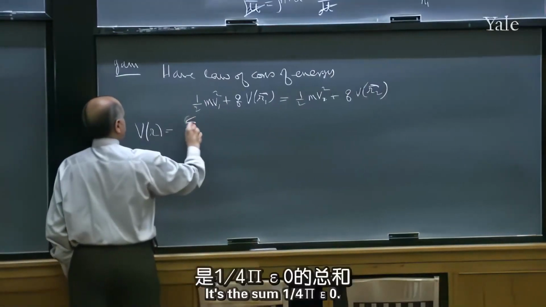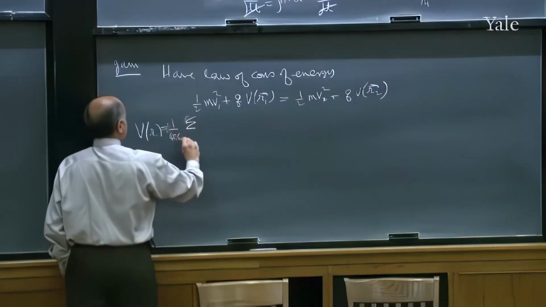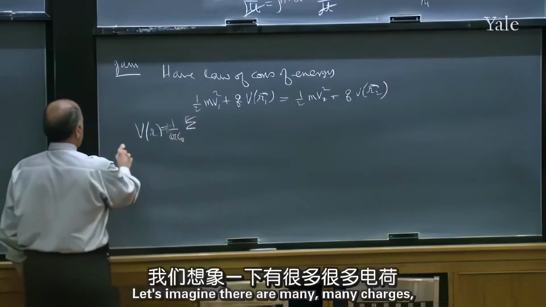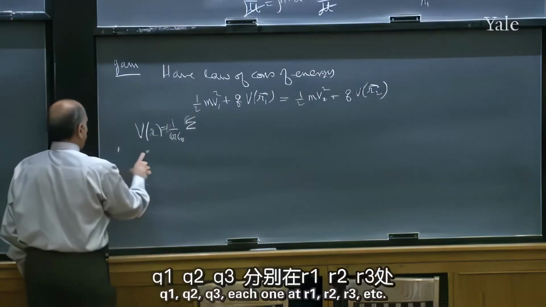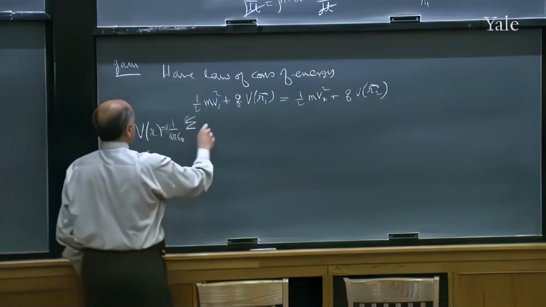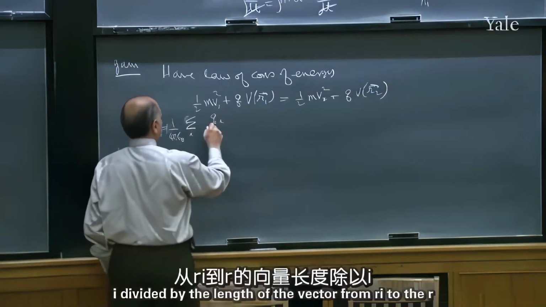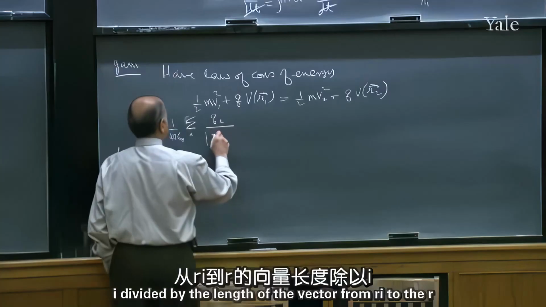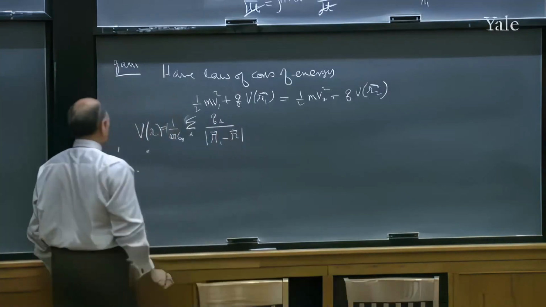It is the sum of 1 over 4 pi epsilon 0. Let's imagine there are many charges, Q1, Q2, Q3, each one at r1, r2, r3, etc. This is equal to Qi, which is charge number i, divided by the length of the vector from ri to the r where I'm finding the potential.